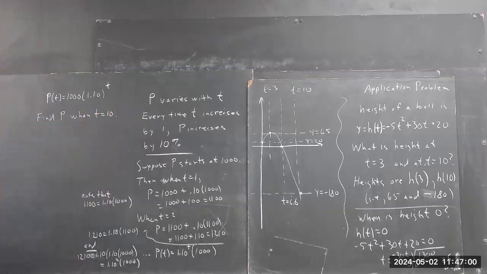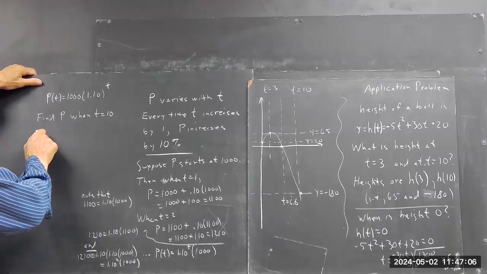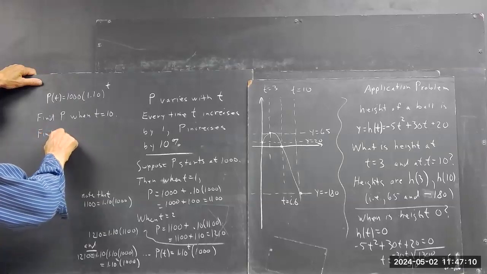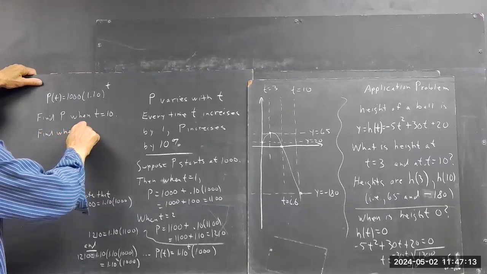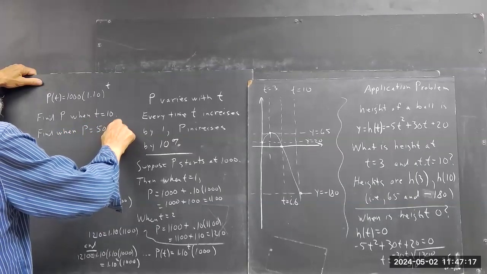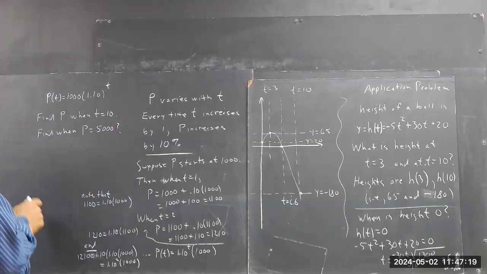Find P when t equals 10. Find when P equals 5,000.